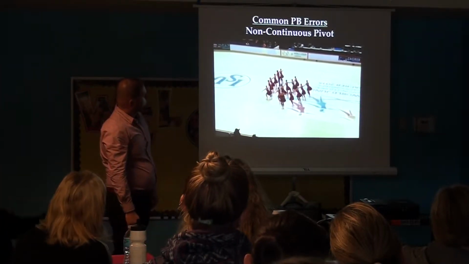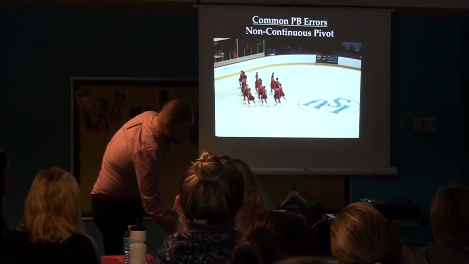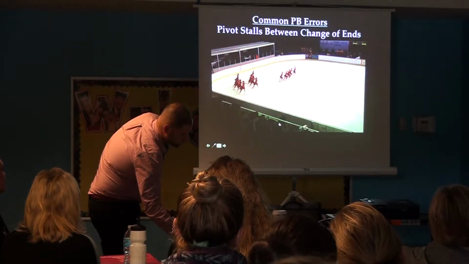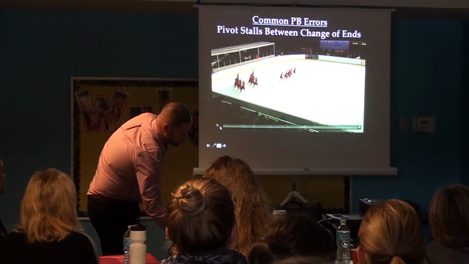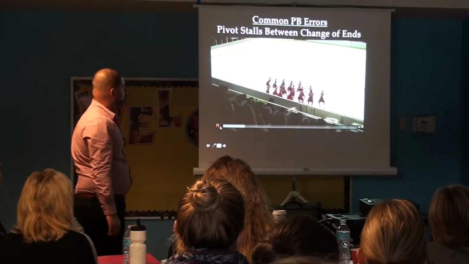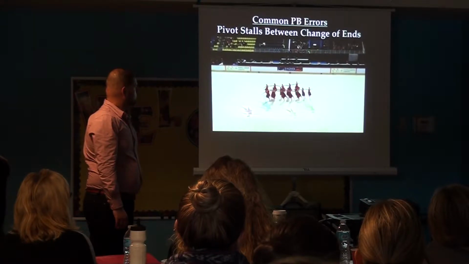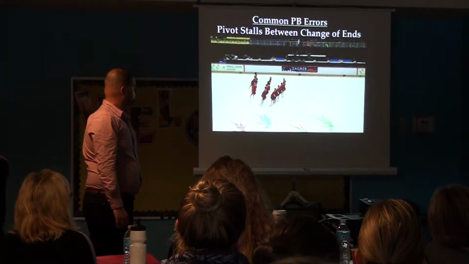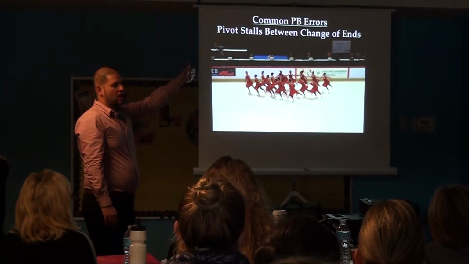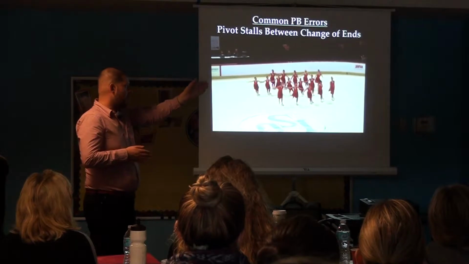They're skating straight forward. See how they just went straight towards the boards on that one? They didn't even attempt to change the pivot end, they just went to the side.